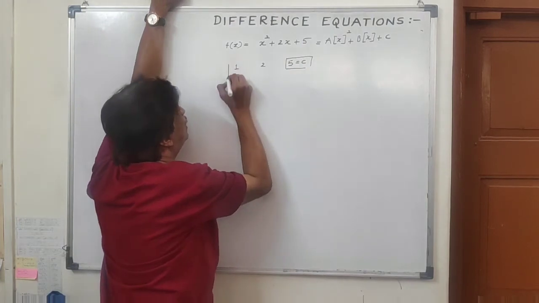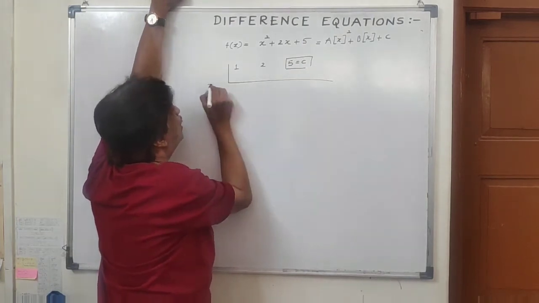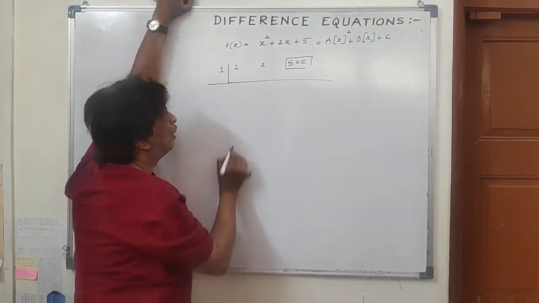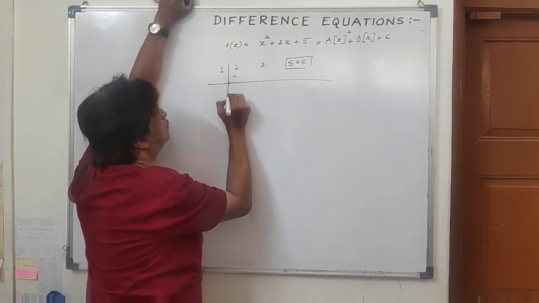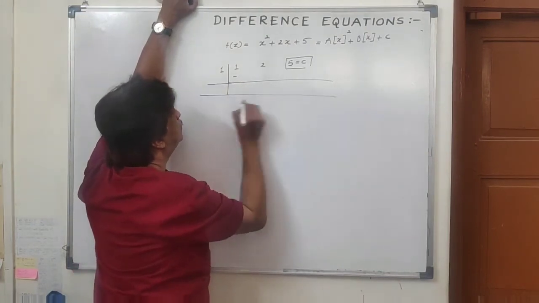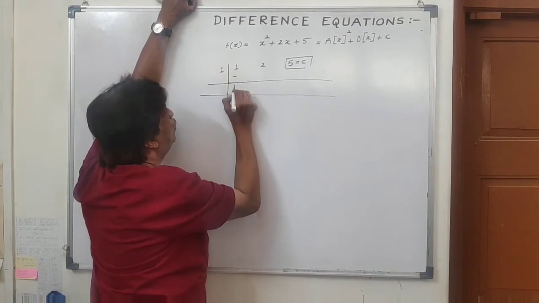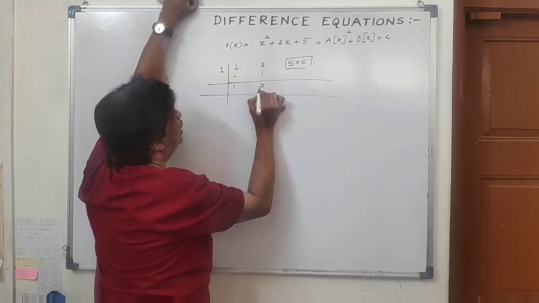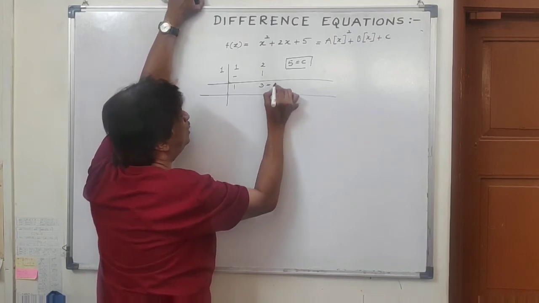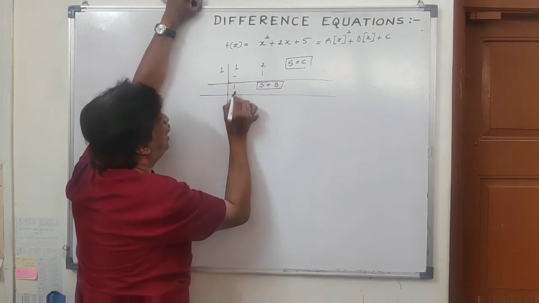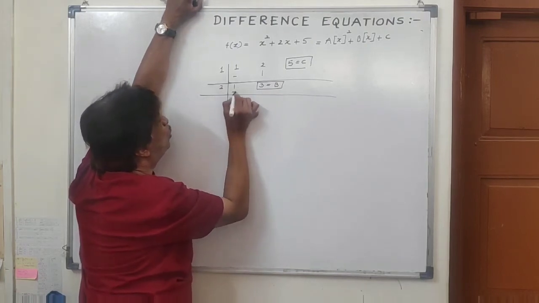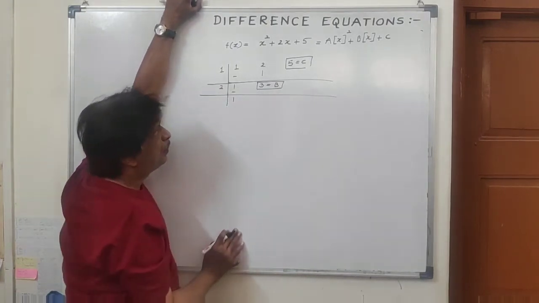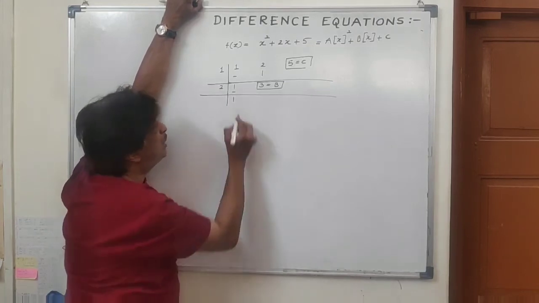Now I will divide this by 1. 1 into 1, 2 plus 1 is 3. Now I shall detach this coefficient, which is equal to b. Again I will divide this by 2. So this is a.